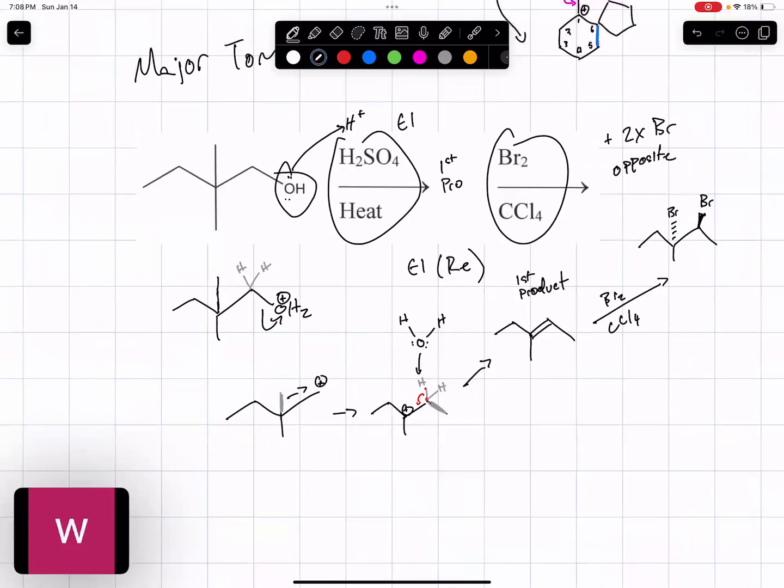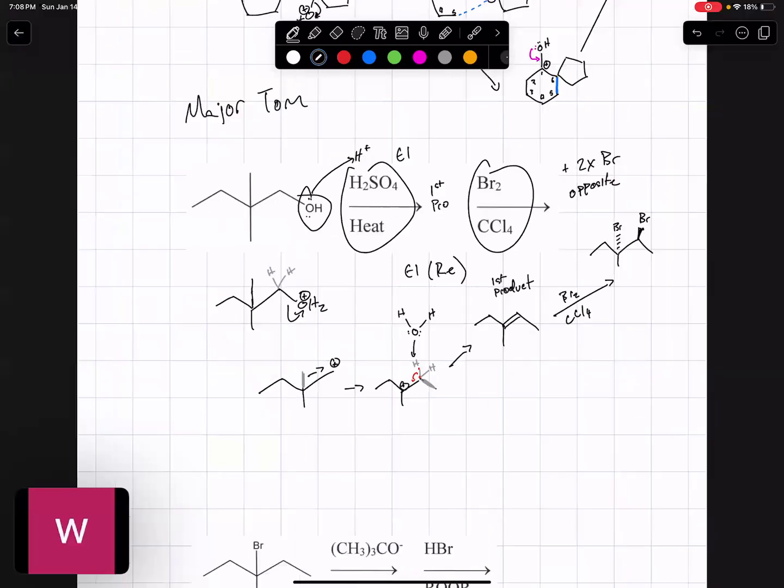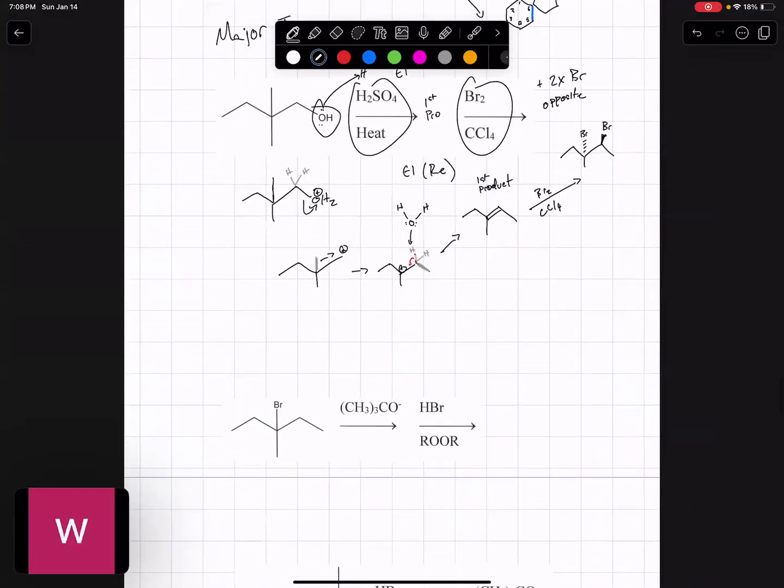Okay? So when you see H2SO4, think Zaitsev alkene, think E1, think rearrangement. And when you see Br2 and carbon tetrachloride, simply think adds two Brs opposite to each other. Cool? Not too bad, right?